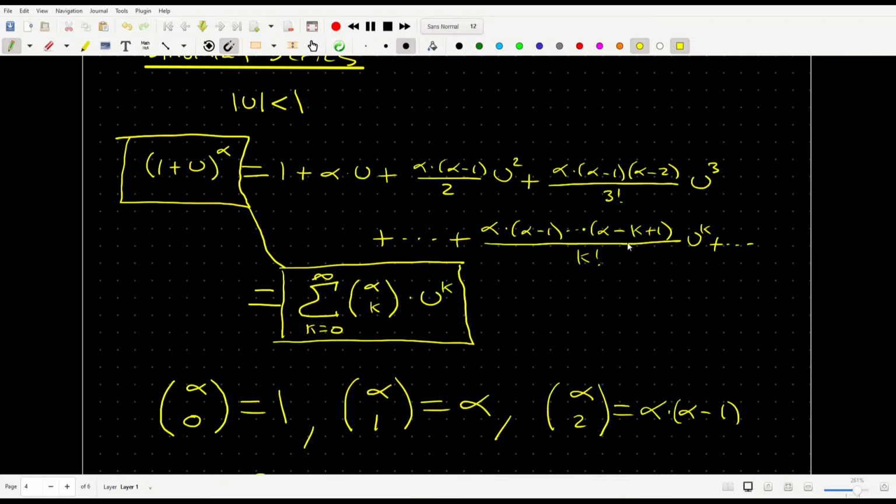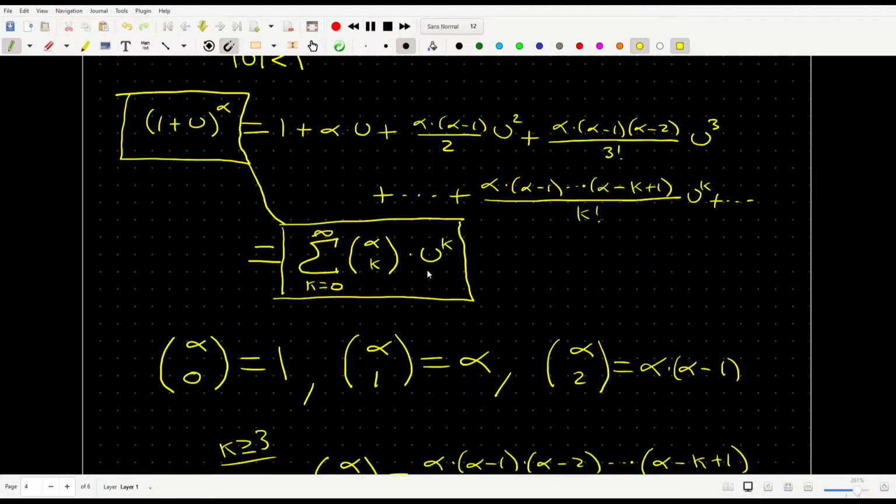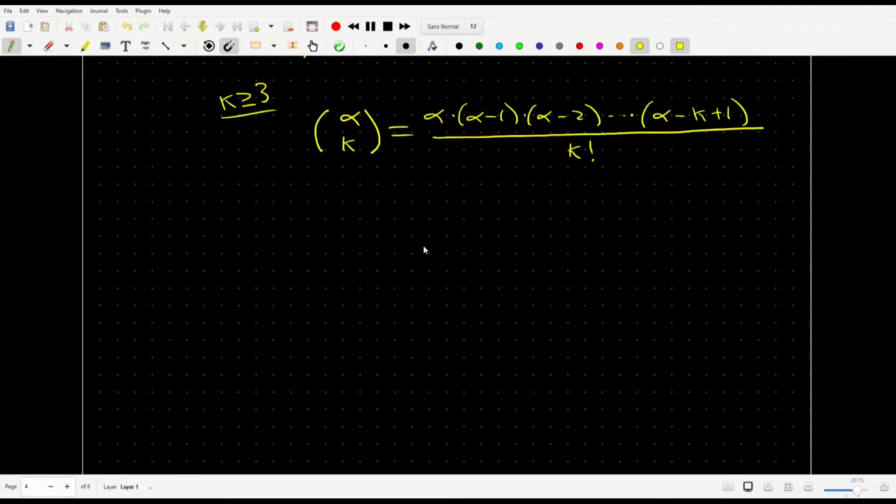One of the binomial series that we're going to use today in one of our examples, and that I showed you how to derive in the previous part of the lecture, was 1 plus u to the 1/2. The binomial series with alpha equals 1/2.